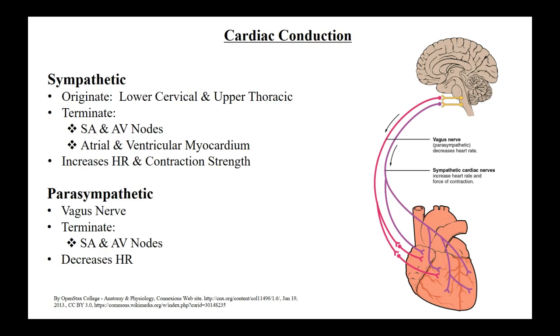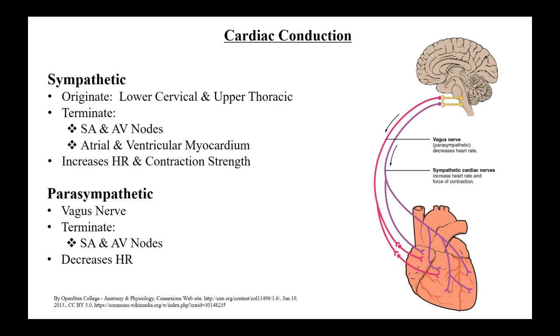Agents that affect contraction strength have a term too: inotropic, I-N-O-tropic. Inotropic agents affect contraction strength, while chronotropic agents affect contraction frequency, so heart rate. This is why the sympathetic can affect both heart rate and contraction strength.